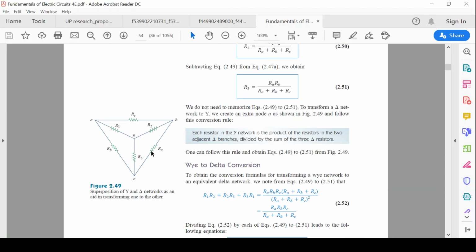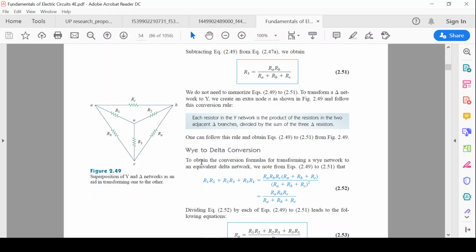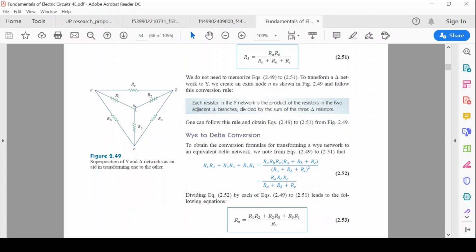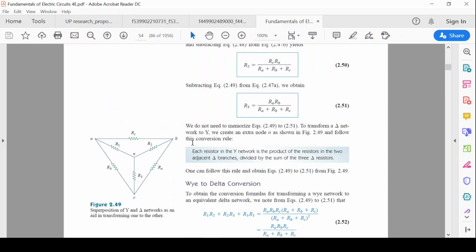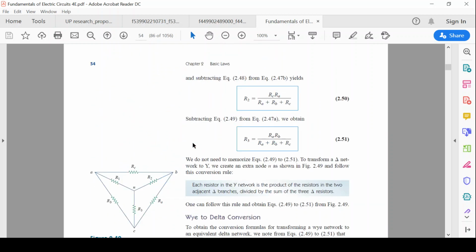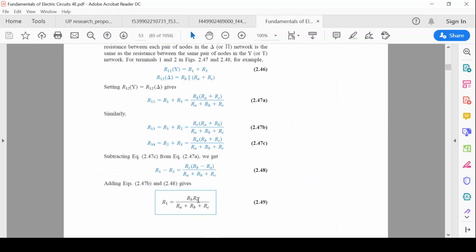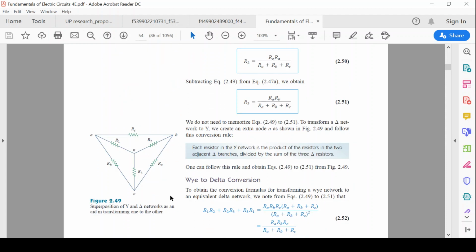If we want a delta to Y configuration, then we know that we're looking for resistances R1, R2, and R3. So resistor R1 would be RB times RC over RA plus RB plus RC. What does that mean? Resistor R1 is the adjacent resistors multiplied over the sum of all the resistances.